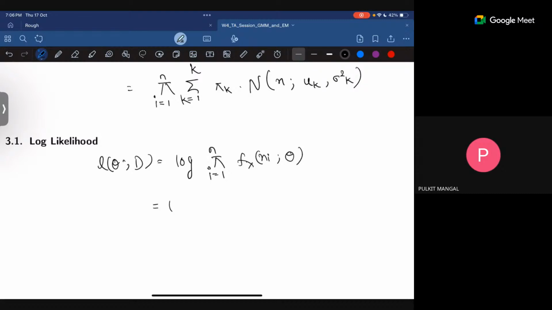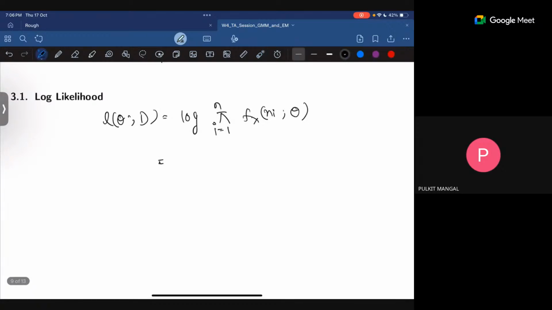If you expand this, due to this log, the multiplication would become summation.